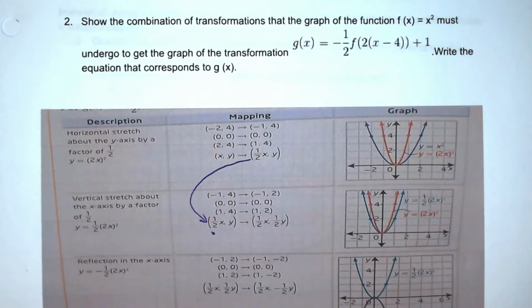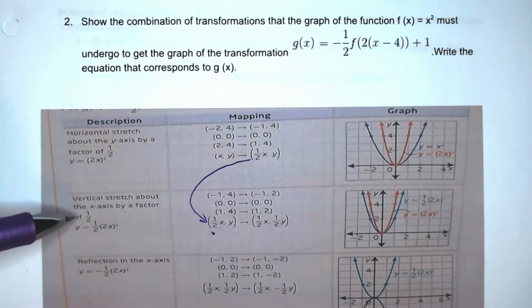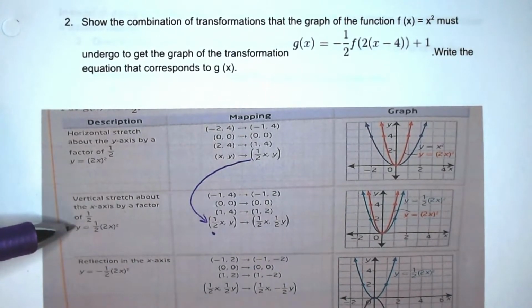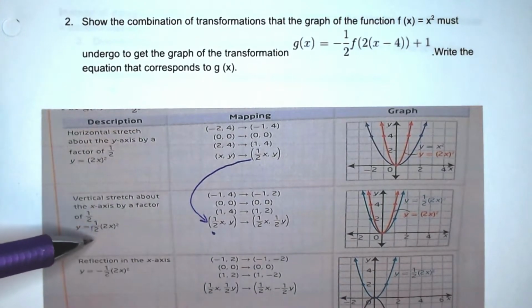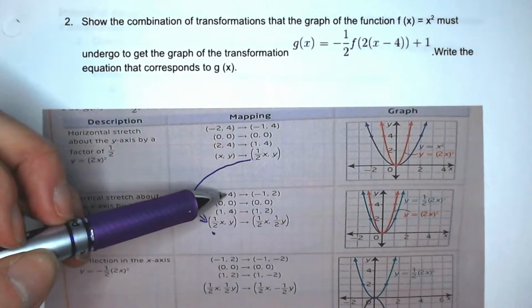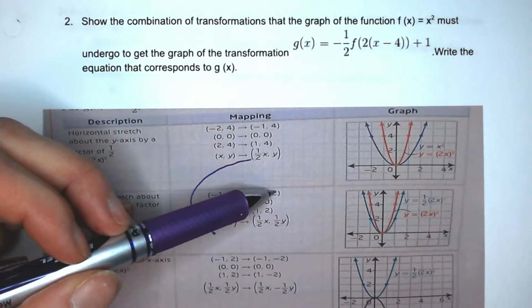Then the second part is a vertical stretch about the x-axis by a factor of 1/2. So we're looking at that a value now. And remember, the a value affects our y values. We're going to multiply all of them by 1/2. You can see here in this mapping image point, negative 1, 4 changes to negative 1, 2.